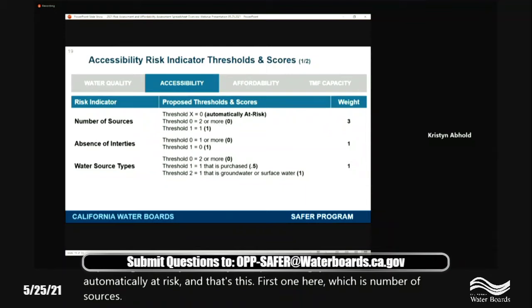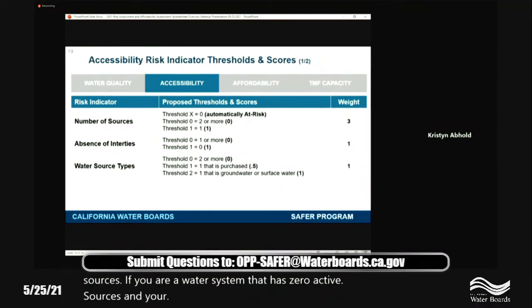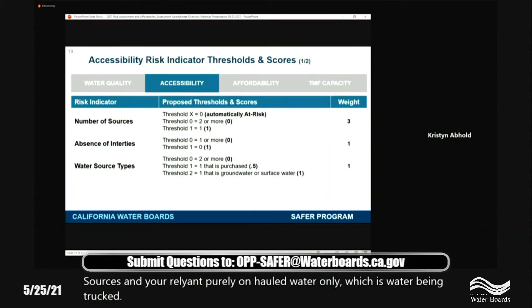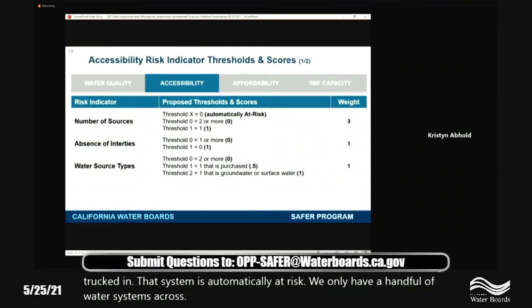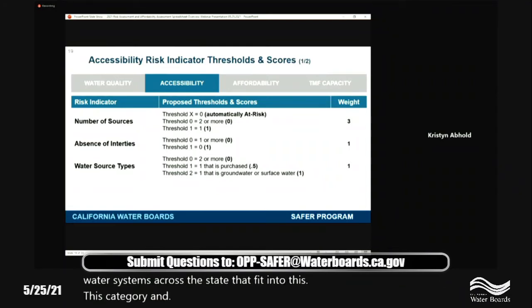If you are a water system that has 0 active sources and you're reliant purely on hauled water only, which is water being trucked in, that system is automatically at risk. We only have a handful of water systems across the state that fit into this category and would be on our at-risk list automatically because of this.